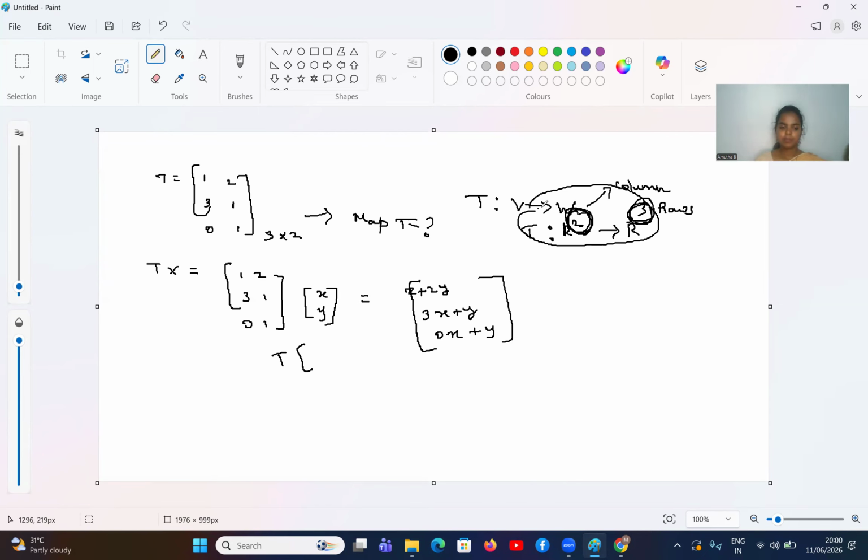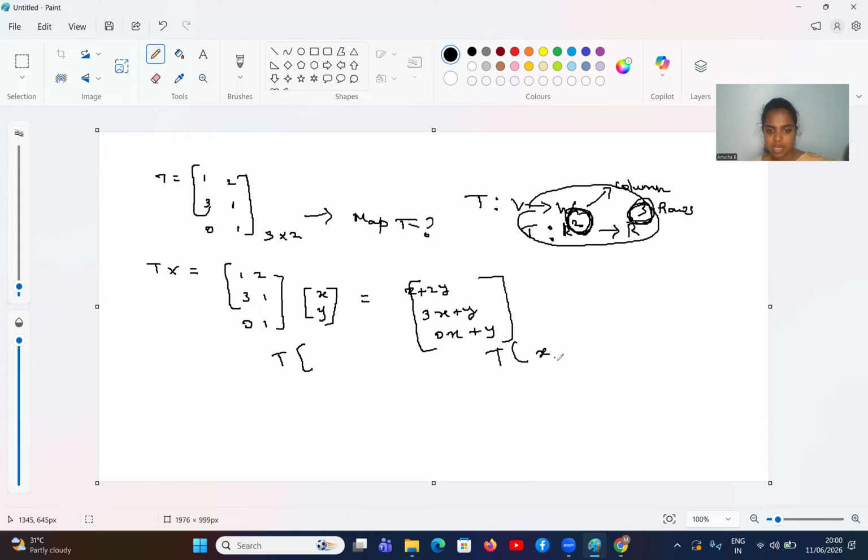Okay. So, for the map, the number of columns is 2, so firstly, I have written R power 2, goes to, the number of rows is 3, so I have written here R power 3. So, what is the map? Now, the map is going from R2.